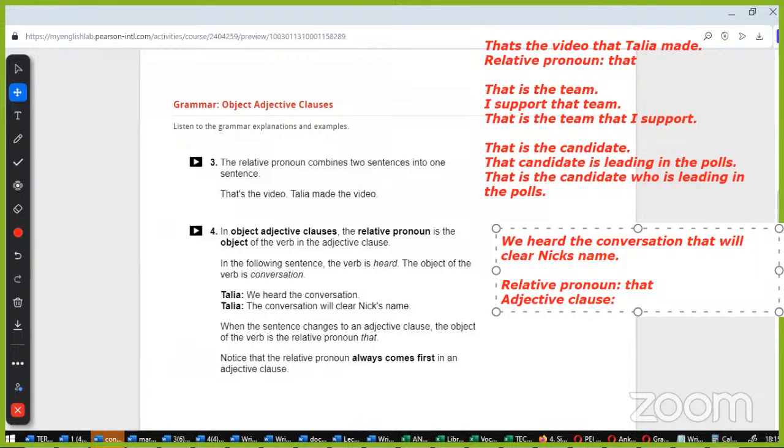Mister, can you hear me? Yes? Okay. I don't remember well, but I think it's will clear Nick's name. That will clear Nick's name. That's the adjective clause.